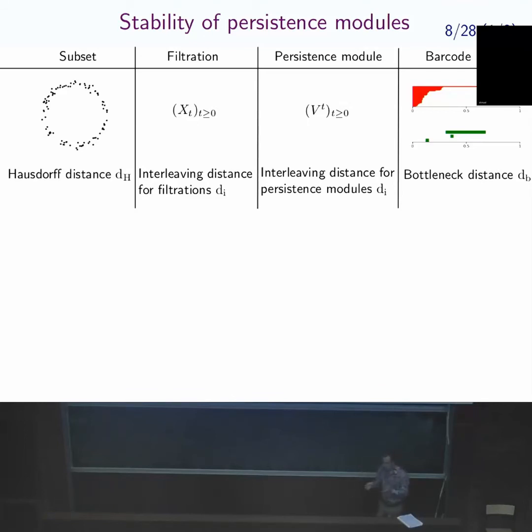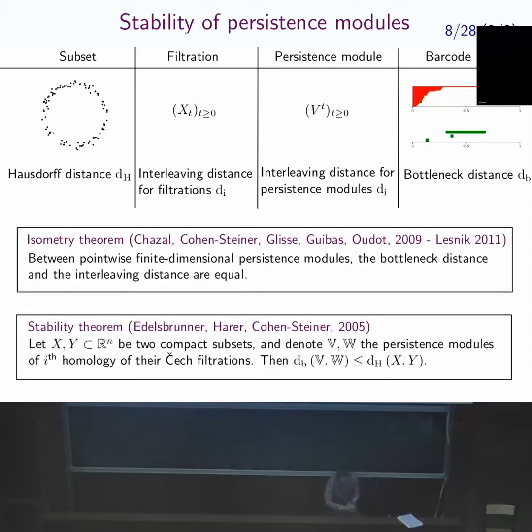And what is great is that all these distances are related. We have the very important isometry theorem, which states that the bottleneck distance between 2 barcodes is equal to the interleaving distance between the persistence modules from which they come from.